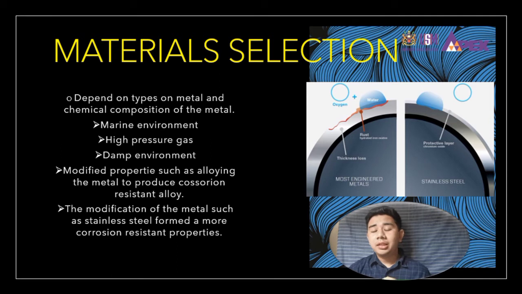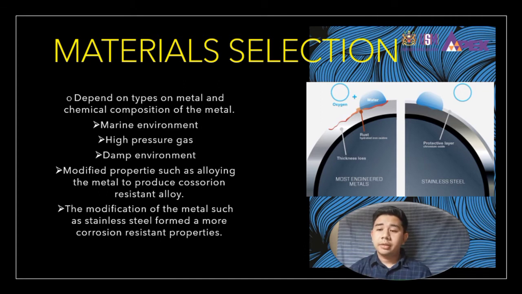The alloying of metal is purposely to produce a corrosion resistant alloy. This modification of the metal can be found in stainless steel, which can form corrosion resistant properties.